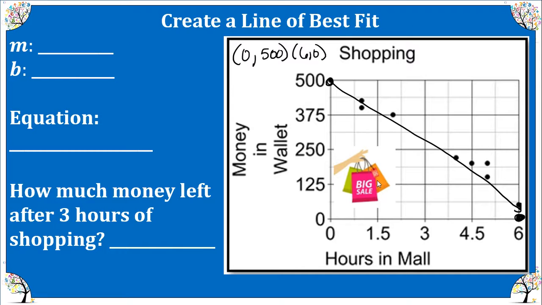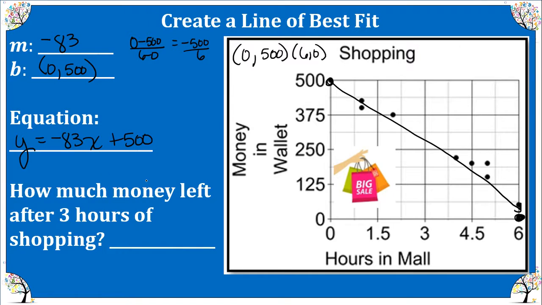So we're going to have a rate of change of 0 minus 500 over 6 minus 0. That's negative 500 over 6. That's about negative 83. We're going to start with 0, 500. The equation altogether, y equals negative 83 times x plus 500.